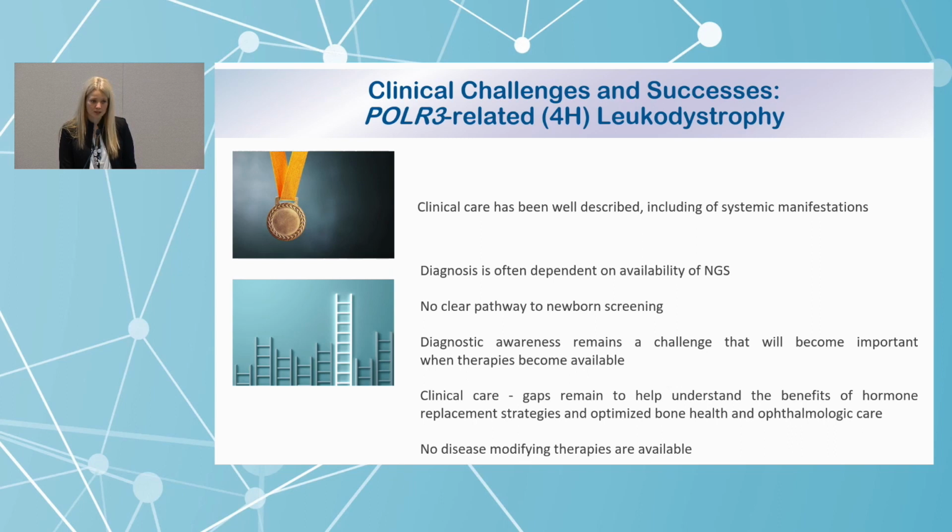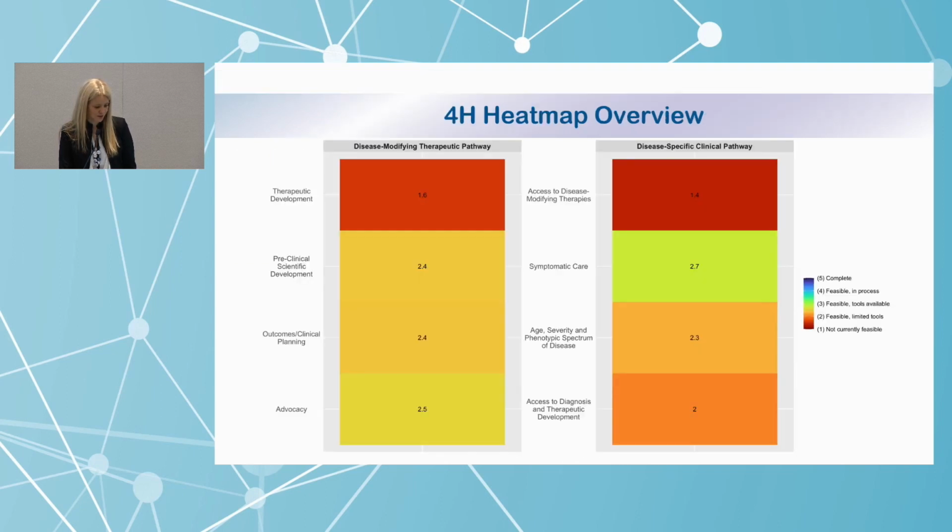It progresses over several years, so it's important that the patients are followed regularly by an ophthalmologist, as it often becomes very severe. Lastly, there's no disease-modifying therapy available, but hopefully at the next meeting or a couple of meetings later, we'll have good ideas for this disease.